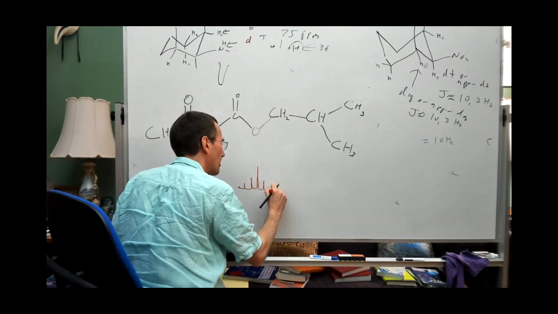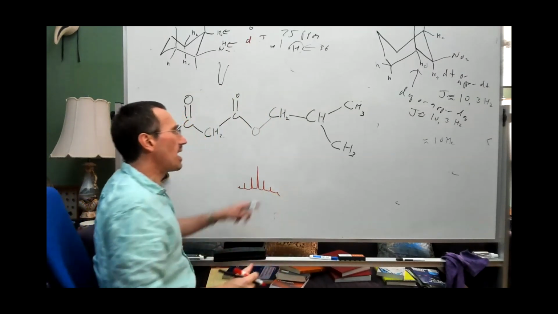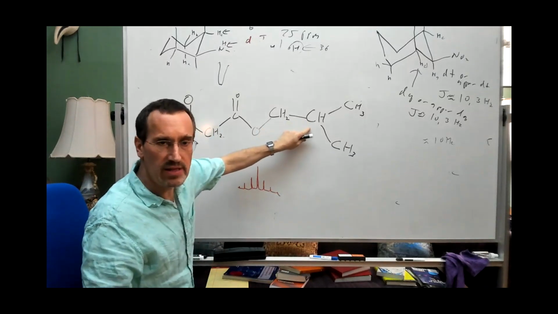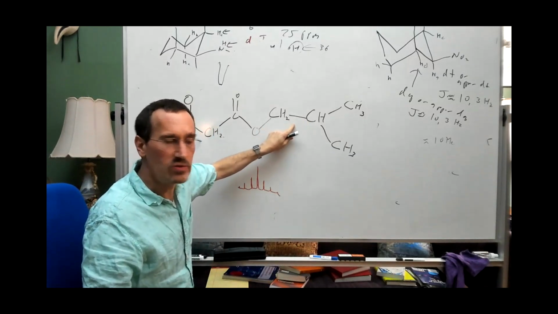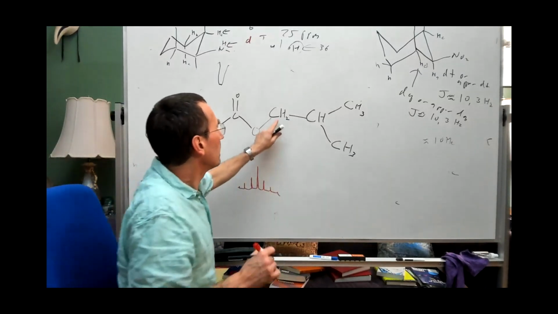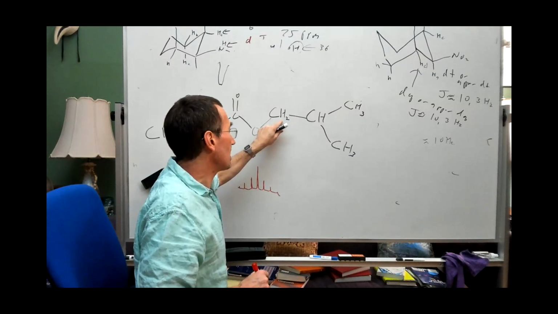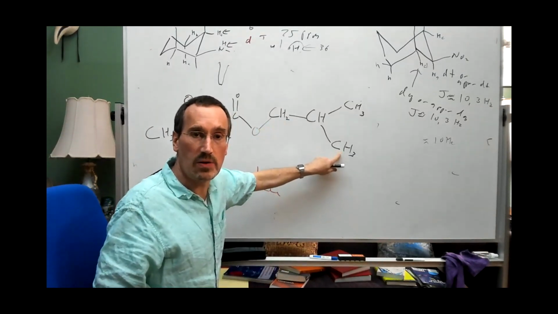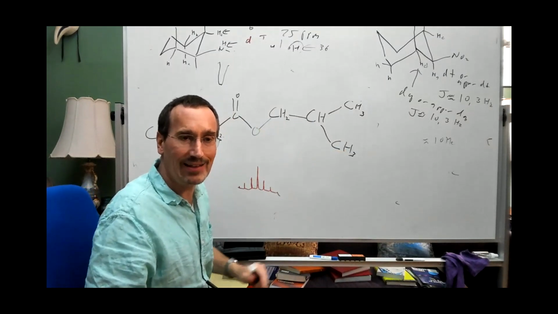And so it caught my eye. Of course, a nonet would depend on everything having exactly the same J value, pretty close, but my eye makes it look like this doublet is a little bit tighter than the doublet for the methyl group. So I don't think our J's are exactly the same.